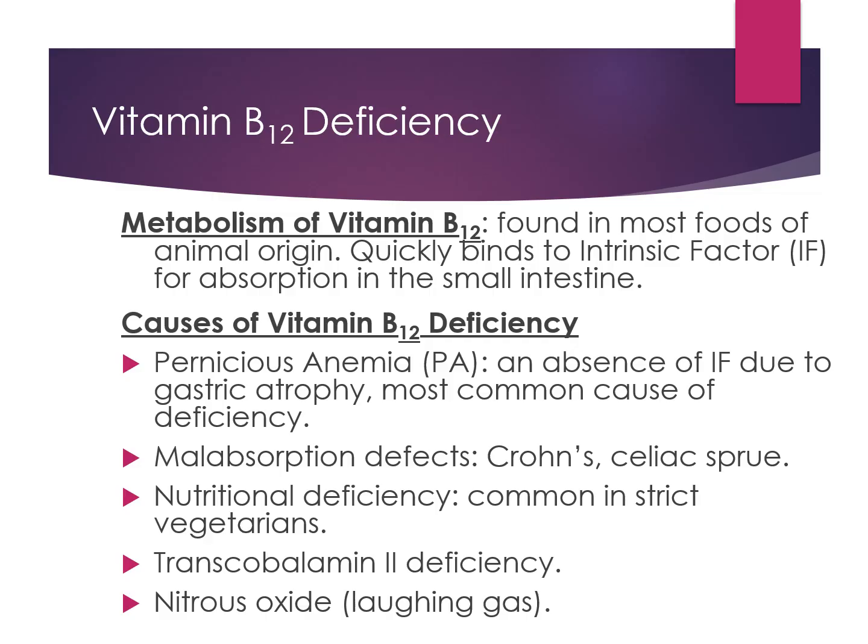And then transcobalamin 2 deficiency, which is a precursor to B12. And then nitrous oxide, which is strange, but laughing gas. People who utilize laughing gas, whether through abuse or through therapeutic treatment, could develop a vitamin B12 deficiency.